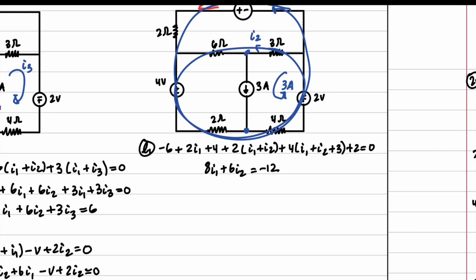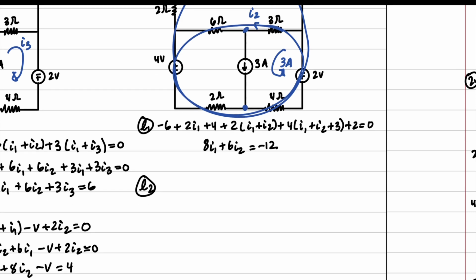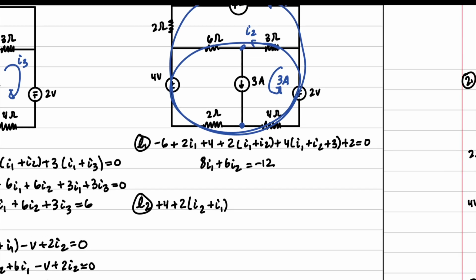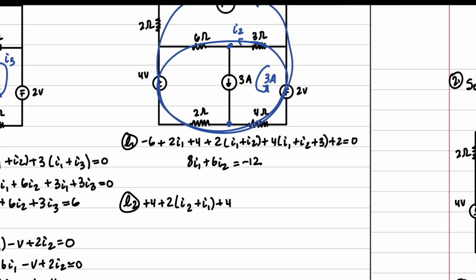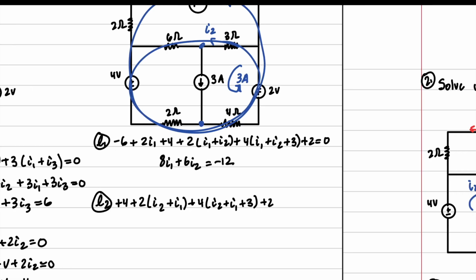Now loop 2. Also be careful. We start with plus 4 volts. Plus 2 times I2 plus I1, because we've got I1 going in there as well, plus 4 times I2 plus I1 plus 3, plus 2 plus 3.